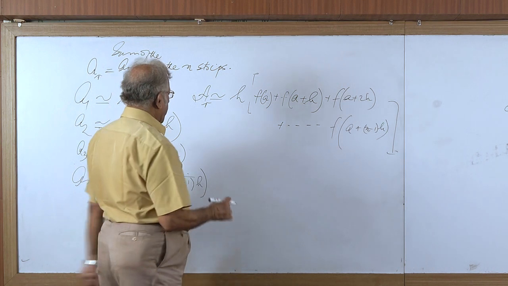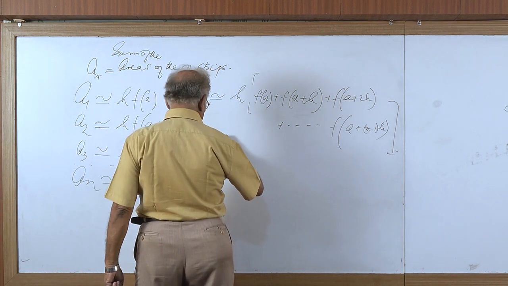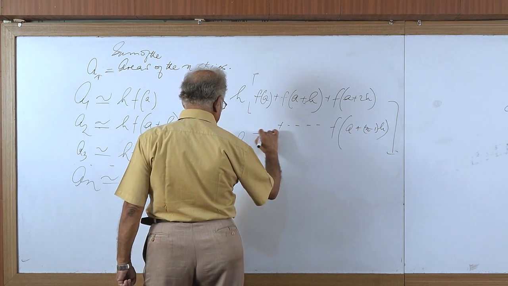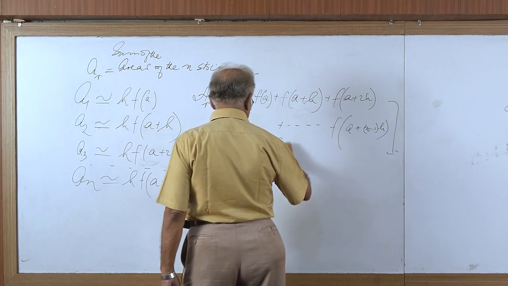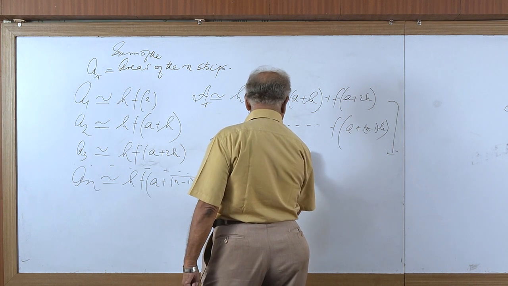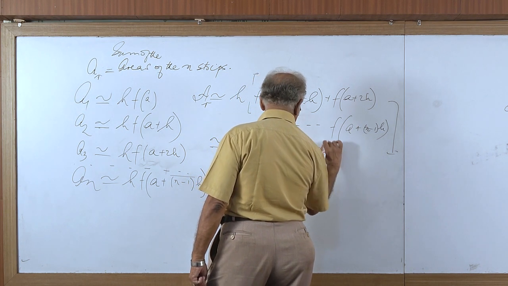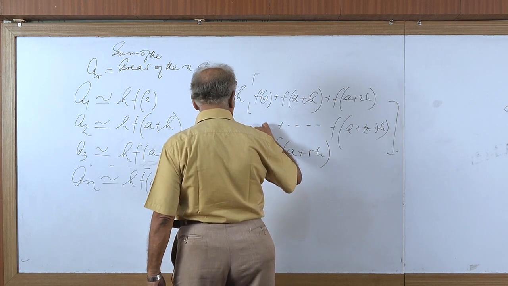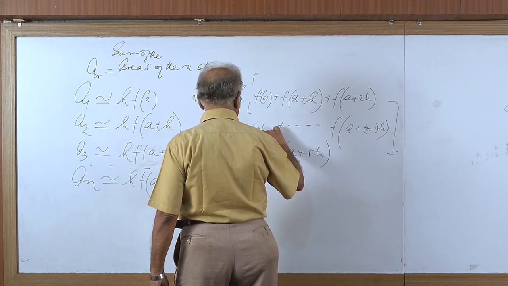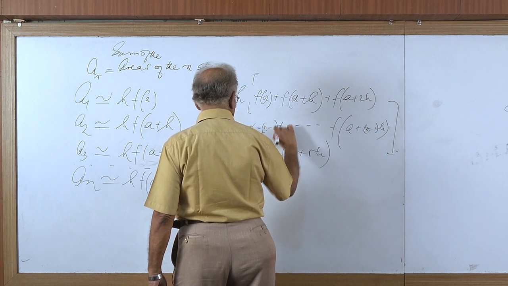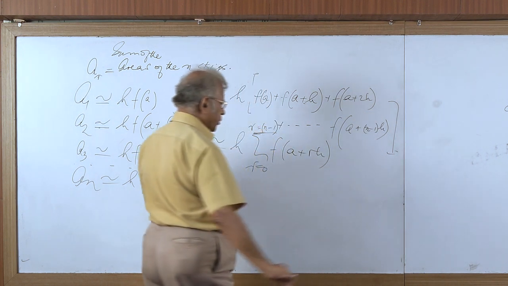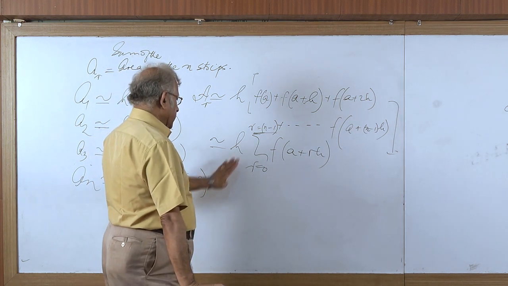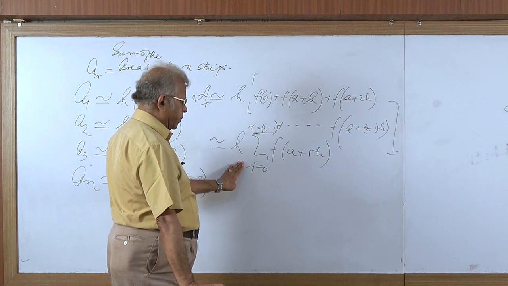Now this can be compacted into, again approximately equal to h times sigma f(a + rh), r starting from 0 and r ending at n minus 1. This sigma notation is familiar to all of us. We've learned it in high school. So this value is approximate value.